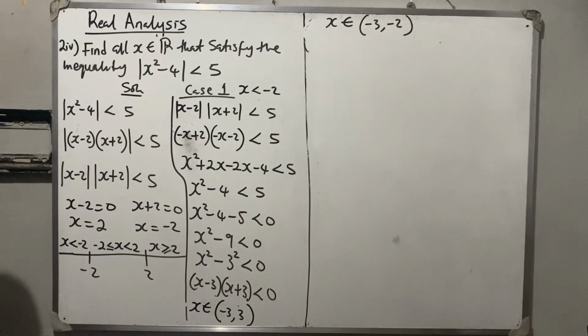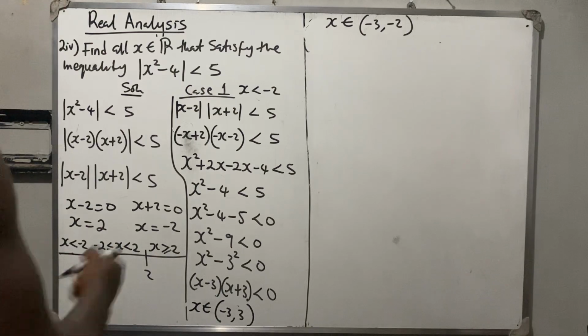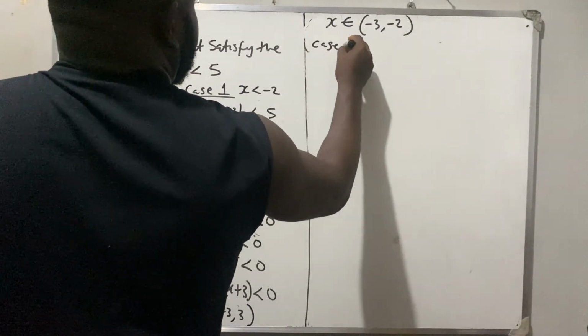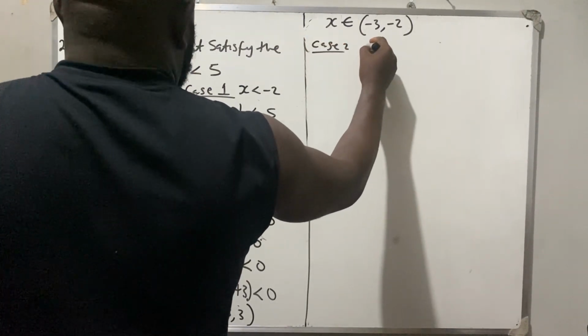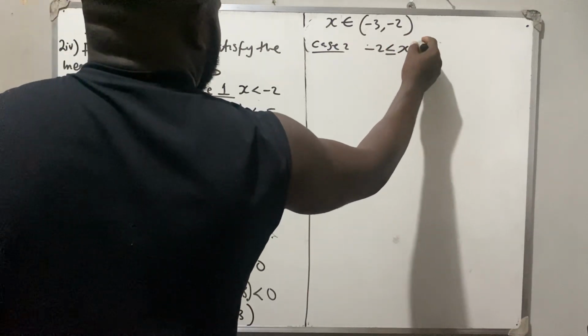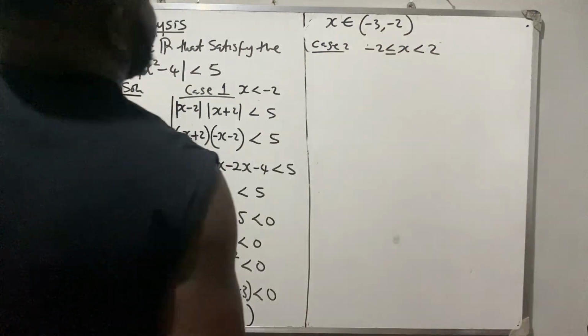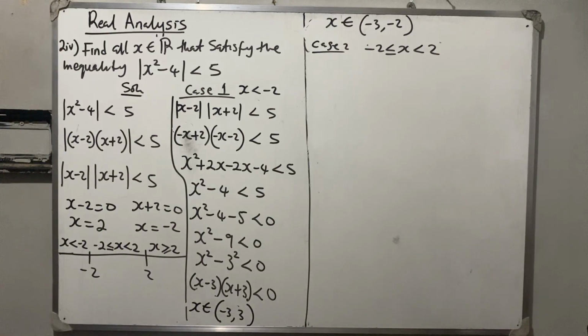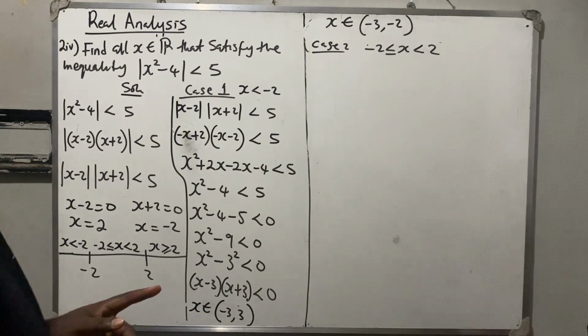So now let's move to case 2. Like I said, for case 2, we said that -2 is less than or equal to x, which is less than 2. Now in this case, we are going to do the same thing again, picking a number.